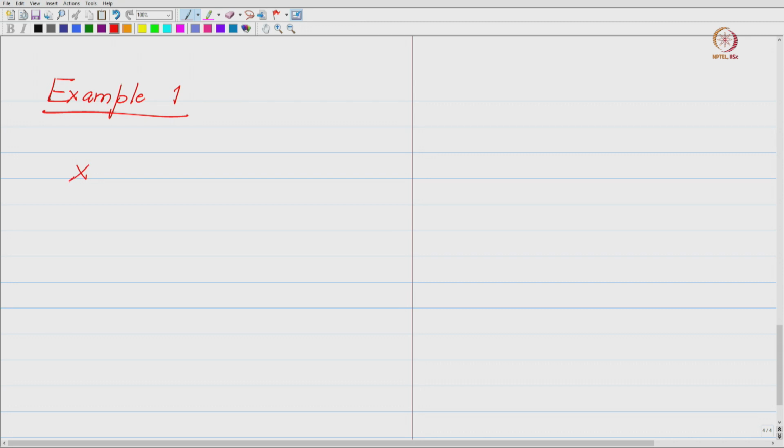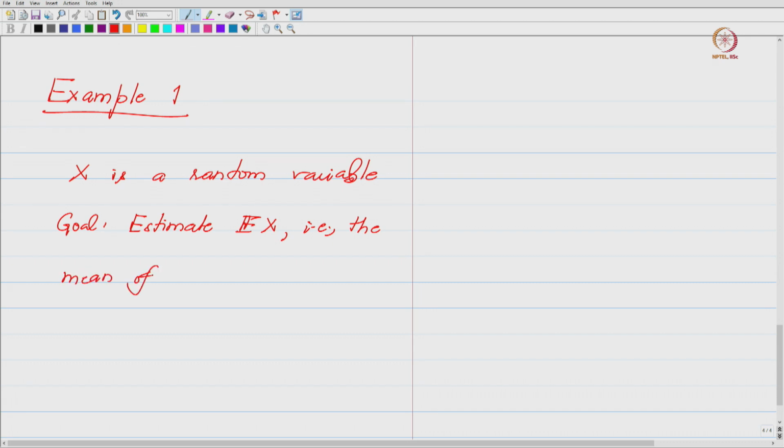Let's say x is a random variable and our goal is to estimate the expected value of x, that is, the mean of the random variable x.